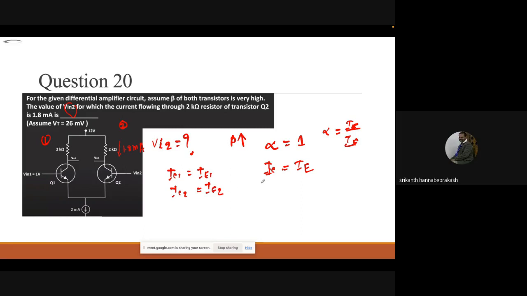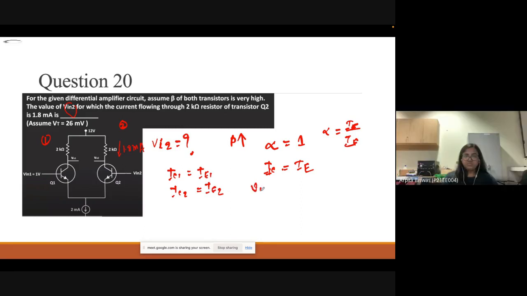Then tell me what is the value of VID, the differential input. We can write it as V input 1 minus V input 2. Now tell me how you will find the value of IC2 and IC1. First, how to calculate IC1, the current flowing from this?